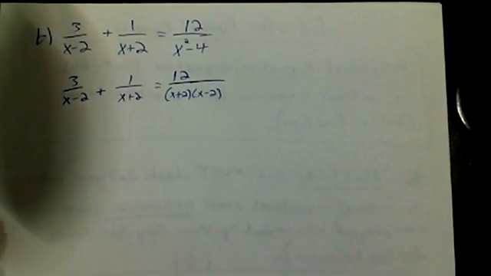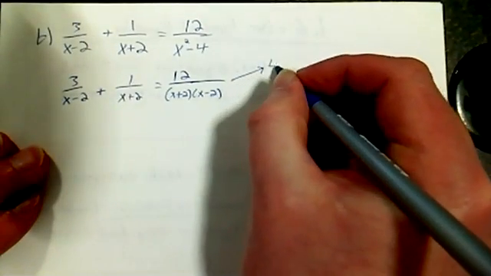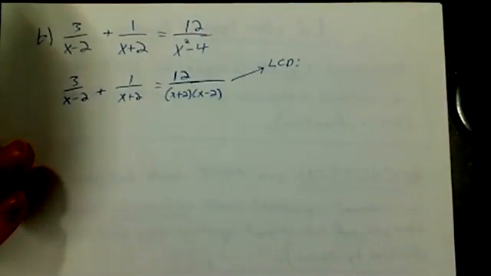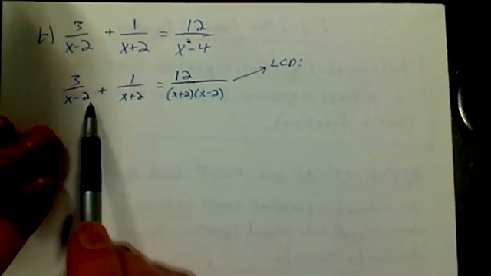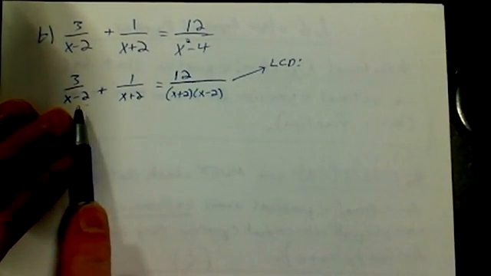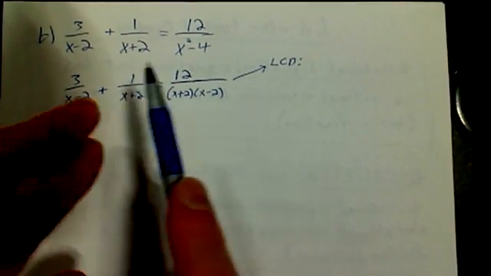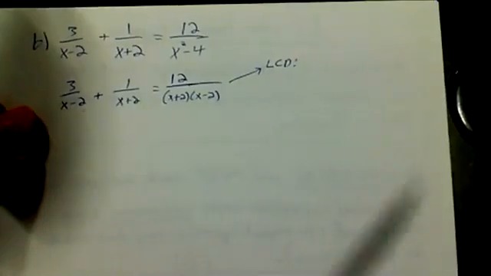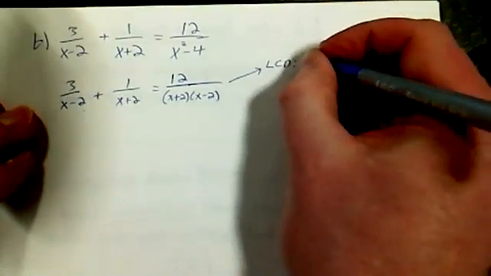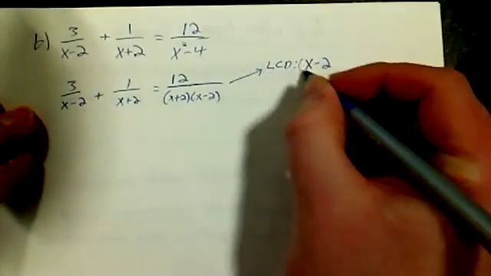From here, I'm looking for an LCD, okay? So let's find a factor. I see an x minus 2, okay? So where does x minus 2 appear the most? Well, this is x minus 2 to the first power. This is x minus 2 to the first power. Well, I guess my LCD is just x minus 2, at least for that part.